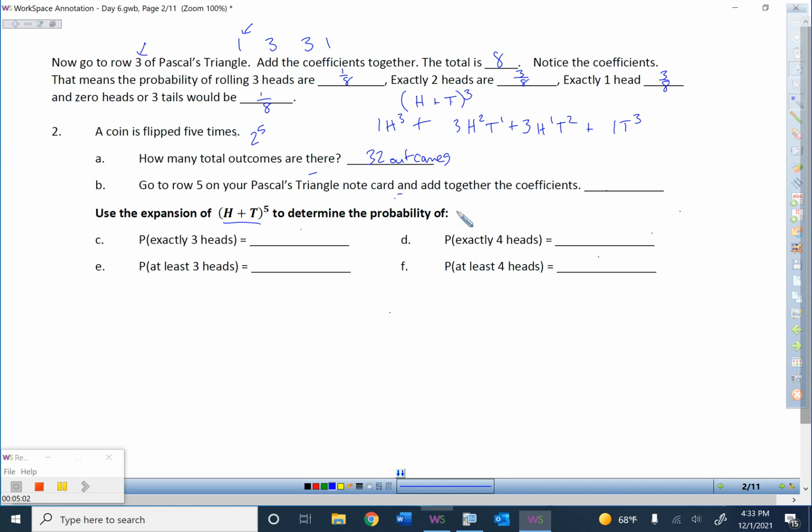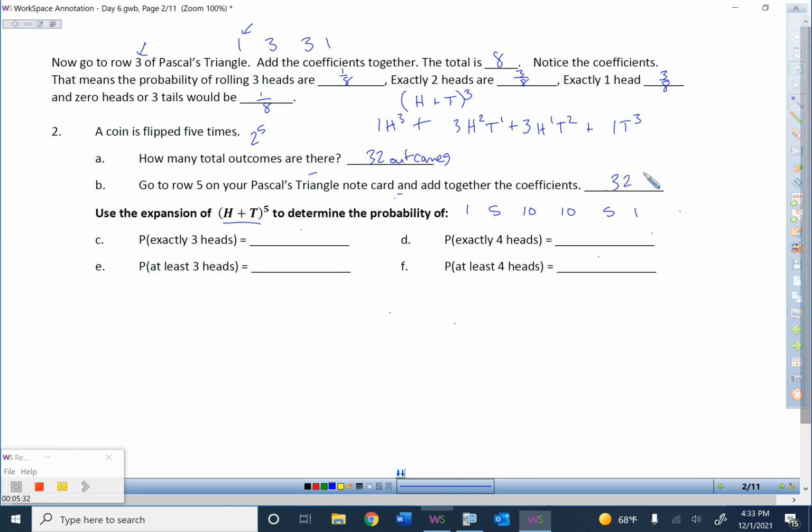Okay, so go ahead and for me, if you would, write out the row here for your fifth one, because we're going to answer the questions on these ones with it. So 1, 5, 10, 10, 5, 1, and we can see really clearly that that really is 32.